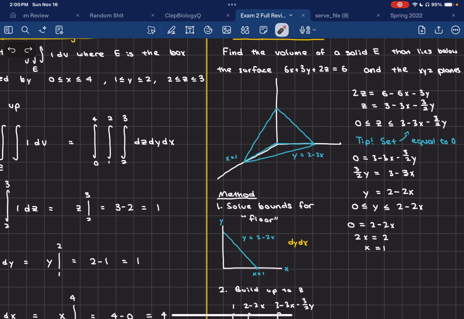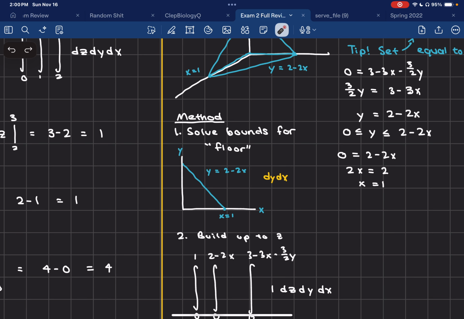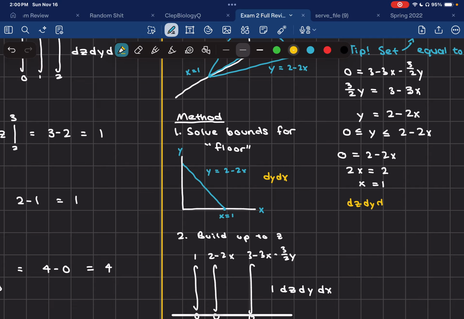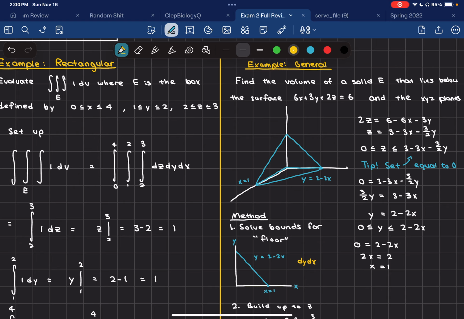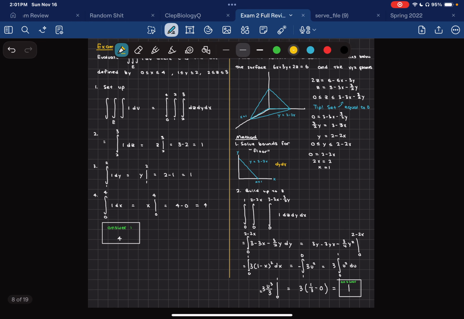If you really want to put it into a form of dz, dy, dx, what you can also do is simply, once you find your z, you know it's from 0, so you set 0 equal to your upper z bound, and then just continue that with y, and then continue that with x. And then you simply solve.